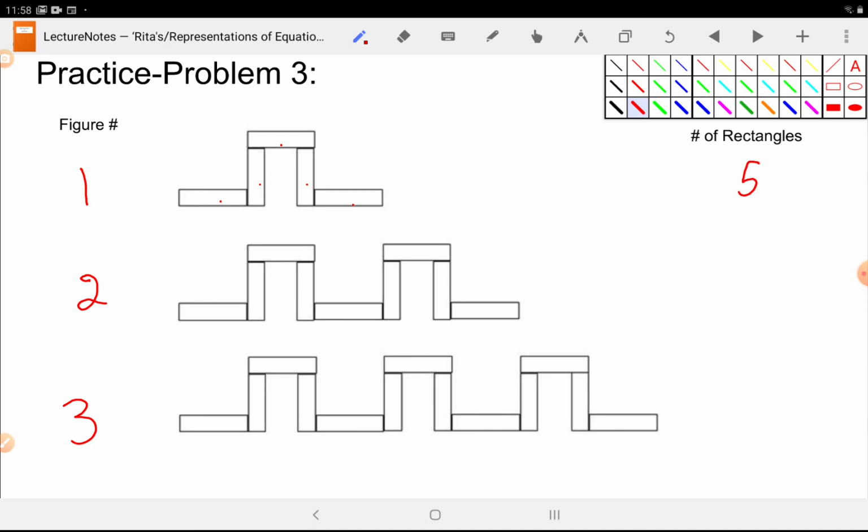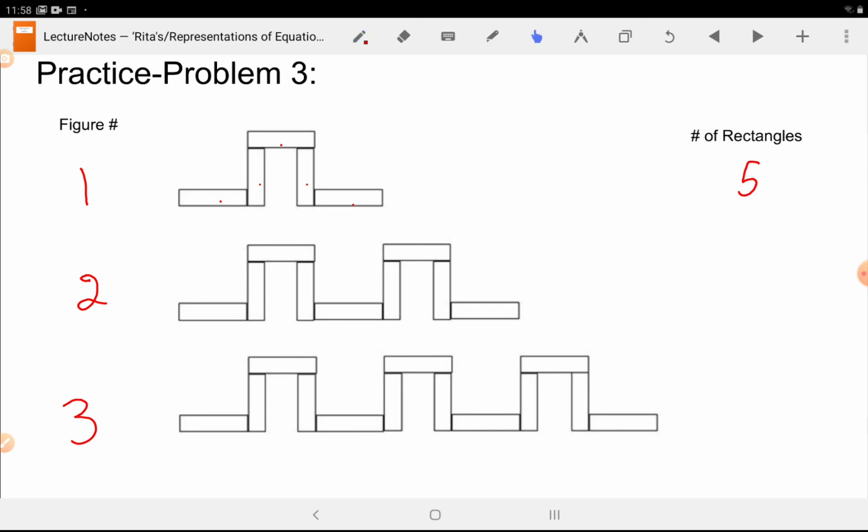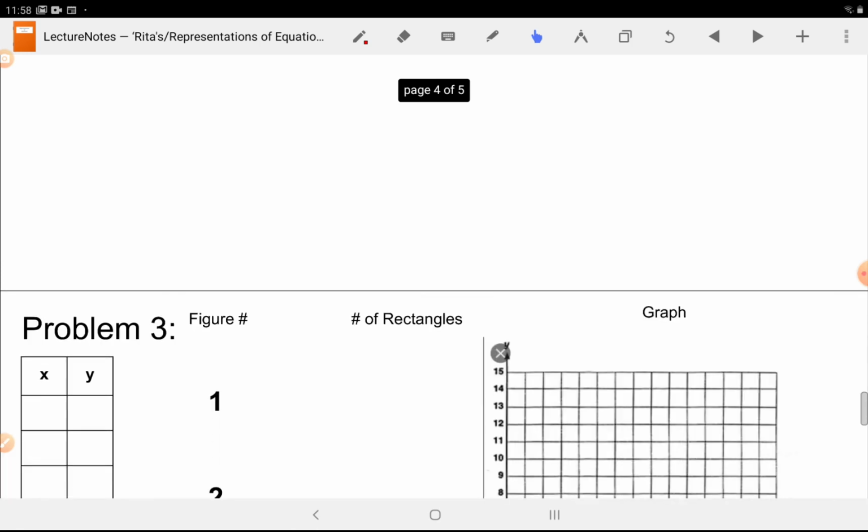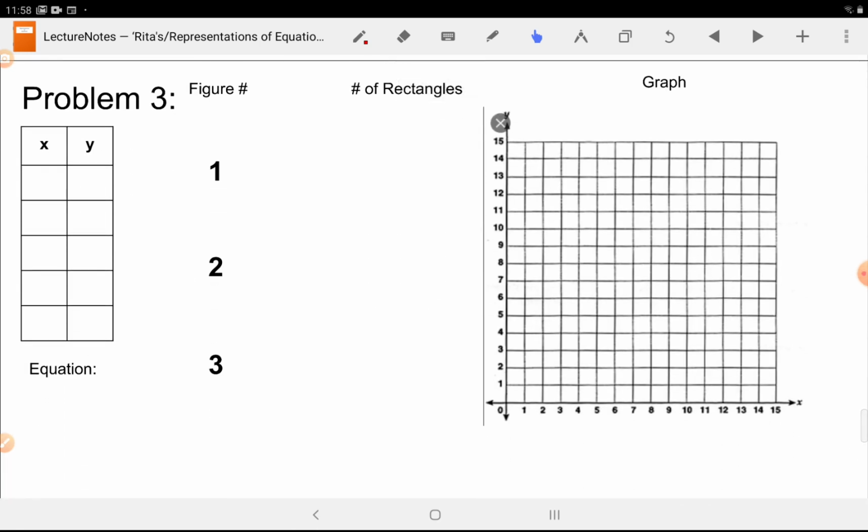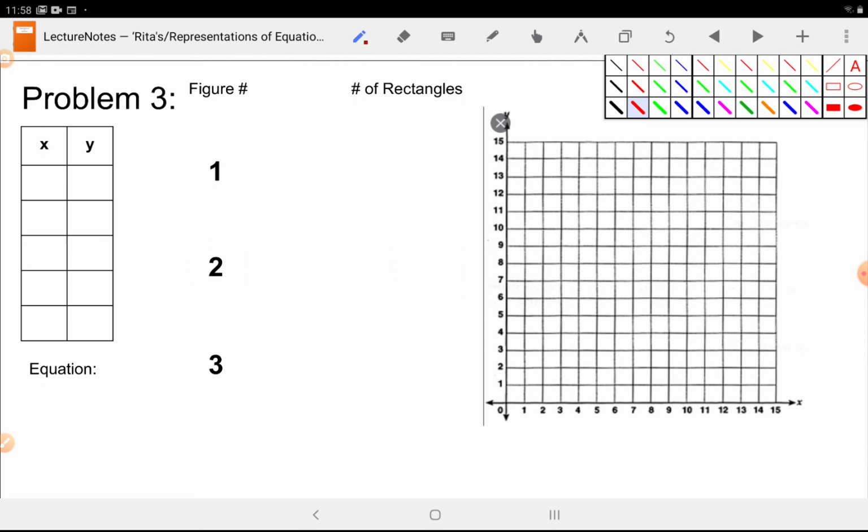So you write that down, etc. So you find that pattern, and then you complete these as well. The table for that pattern, you can ignore the center. I just couldn't fit the pattern in there. You will find me the number of rectangles, and then you'll graph that and tell me if you can find the equation for that pattern.